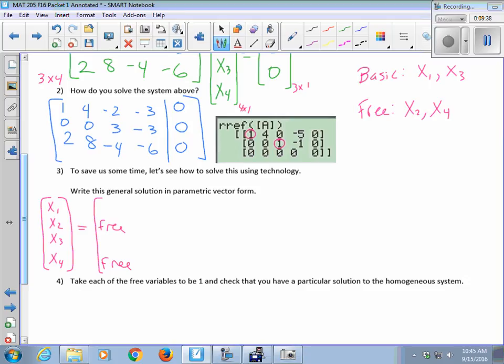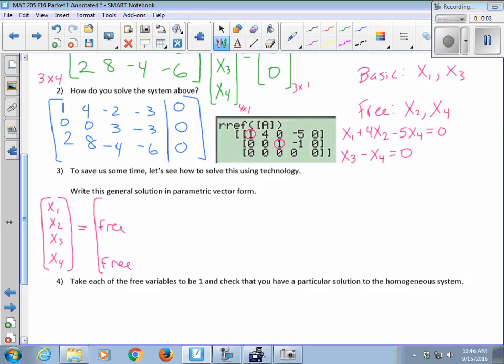And then your basic variables you write in terms of the free variables. So I'm going to go back up to what I have written over here and change it to equations. So I have x1 plus 4x2 minus 5x4 equals 0. And x3 minus x4 equals 0. If you translate our REF to equations, that's what we get.